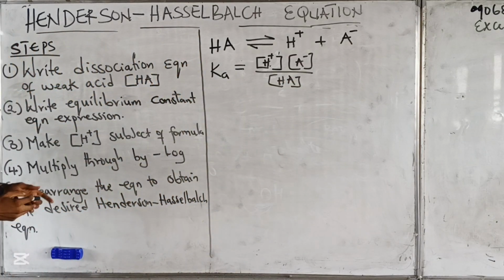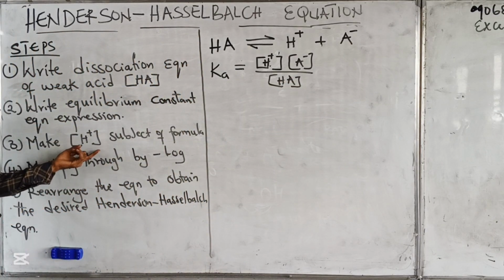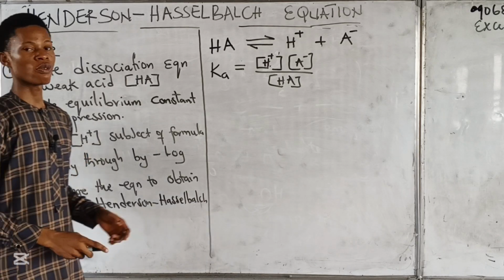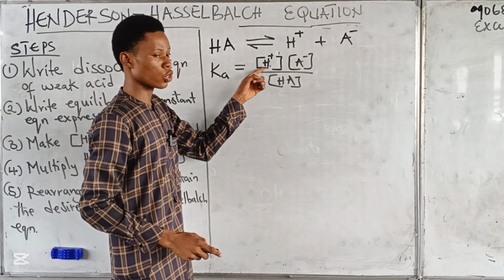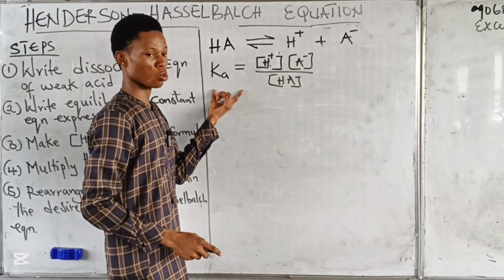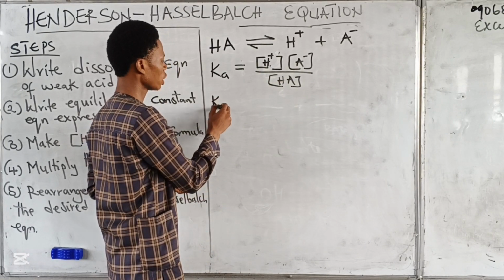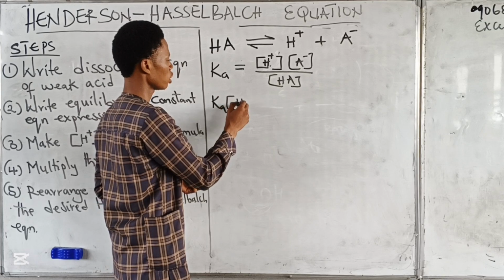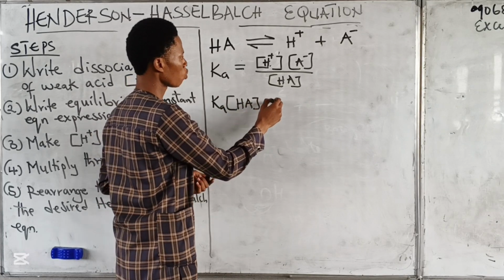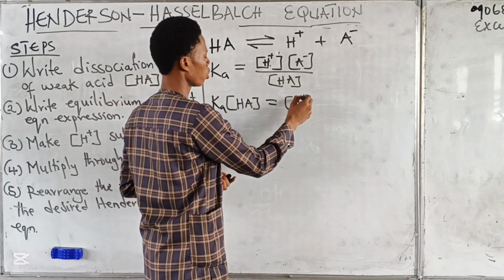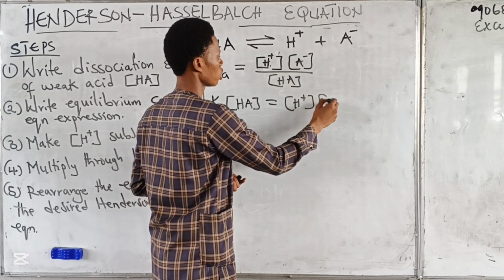The next step: make H+, the concentration of hydrogen ion, the subject of the formula. We cross multiply first, right? So if you cross multiply, you'll have Ka times HA equal to H+ times A minus.